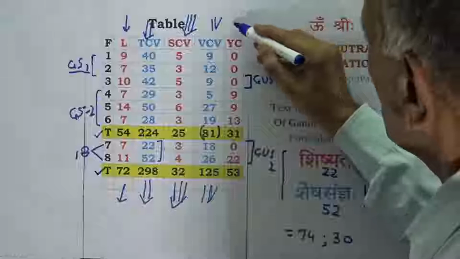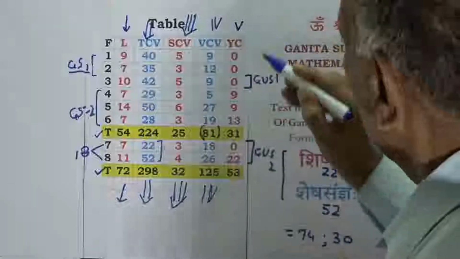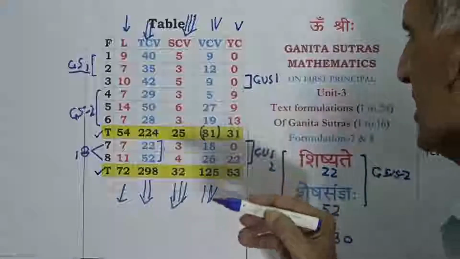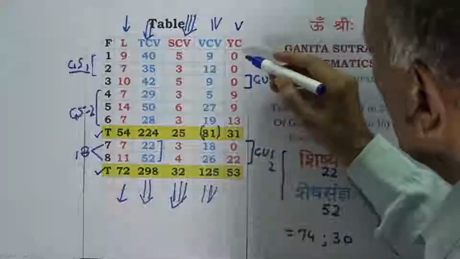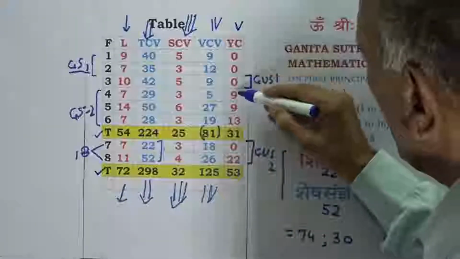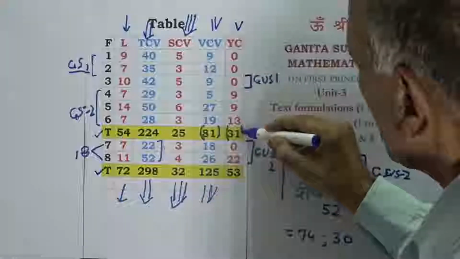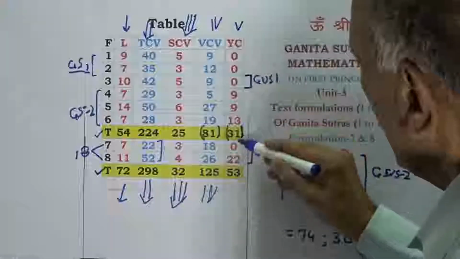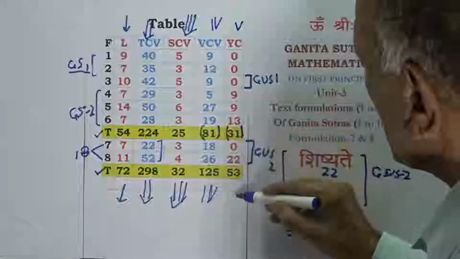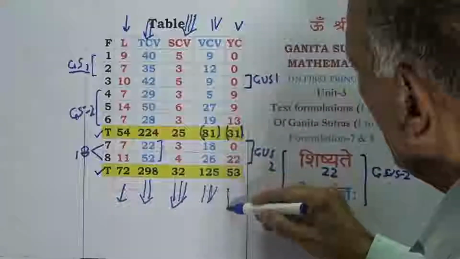The fifth flow stream of Yama letters is taking us to the values 0, 0, 0, 9, 9, 13, which leads to value 31 with respect to the first 6 formulations, and 0 and 22, so makes a total value equal to 53.